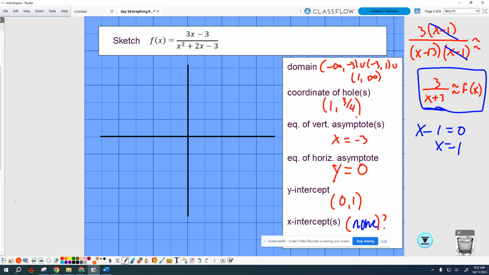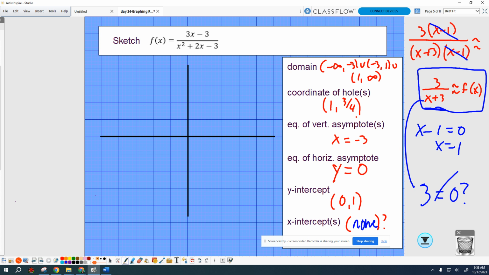When we're finding the x-intercepts, look at the reduced stuff, just the leftovers. So as Chris just said, when does this equal 0? When does 3 equal 0? In this space, I don't believe that it ever does. So there is no x-intercept. All right, how did you find the y-intercept?